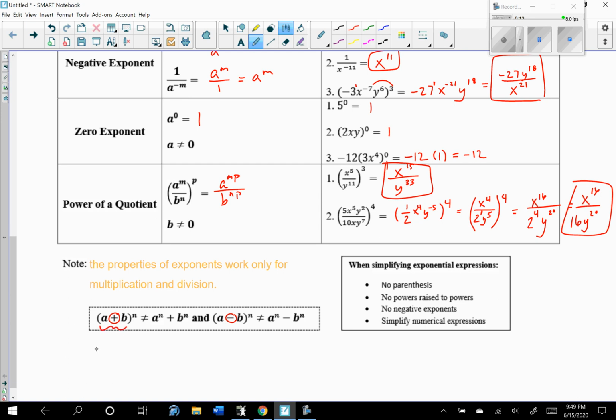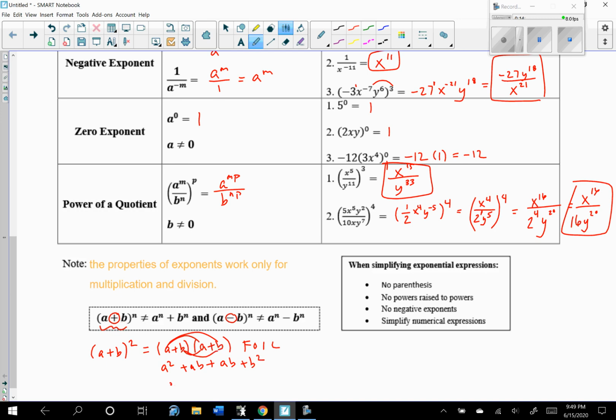So like if I had, for instance, a plus b squared, remember that means you have two of these binomial terms, a plus b times a plus b, and then you have to FOIL. So first, outside, inside, last. So this would be a times a is a squared plus ab plus ab again, and then plus b squared.